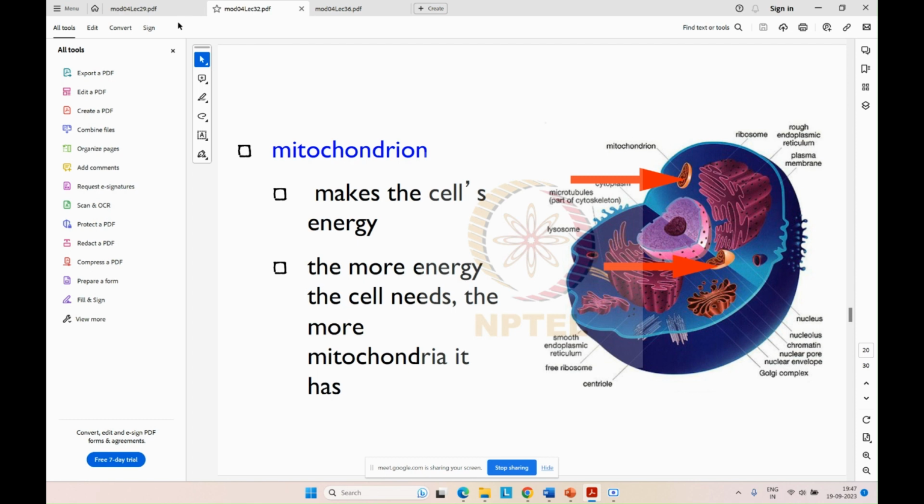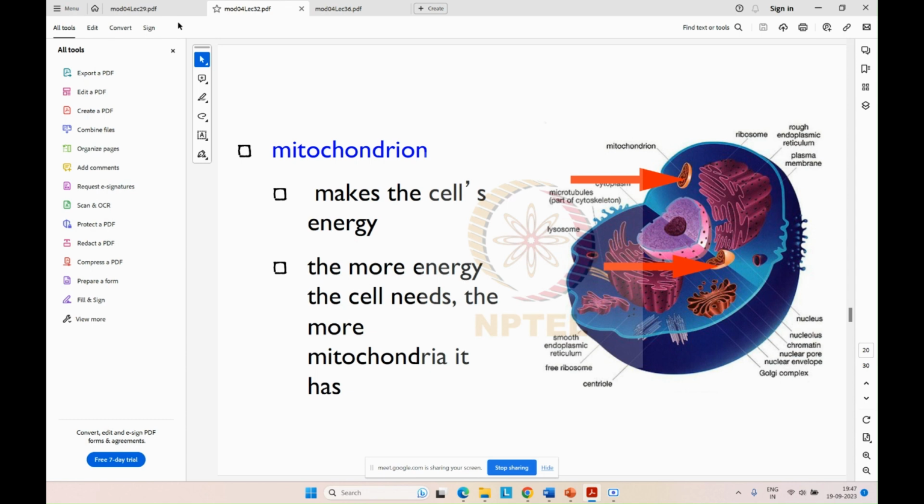The number of mitochondria depends upon what cell type you are in. For example, a muscle cell needs to do a lot of work, so it needs more energy.